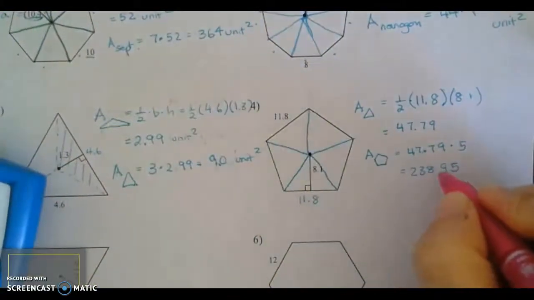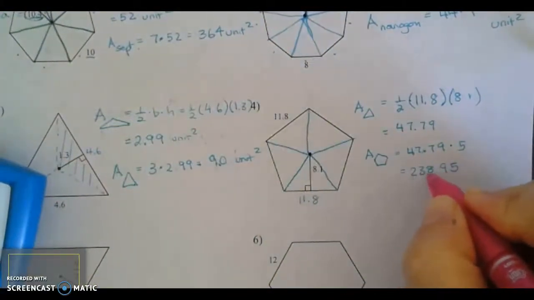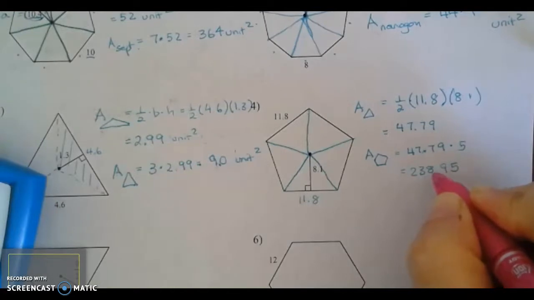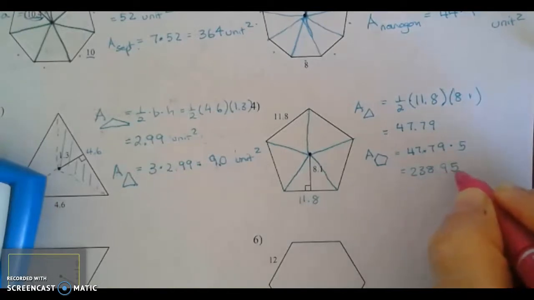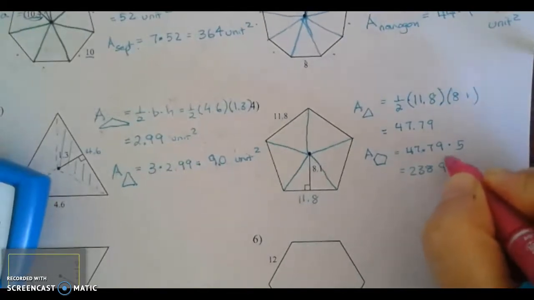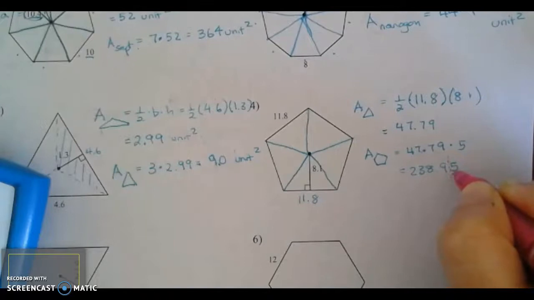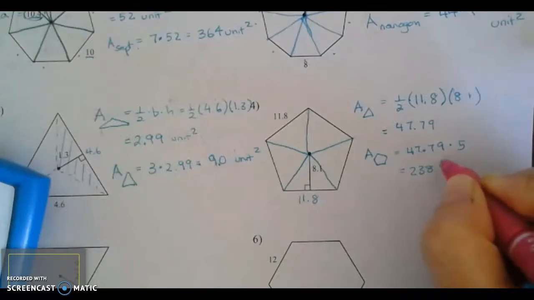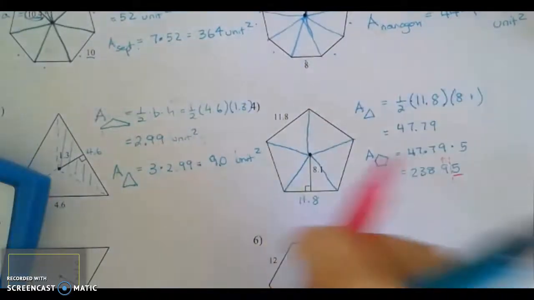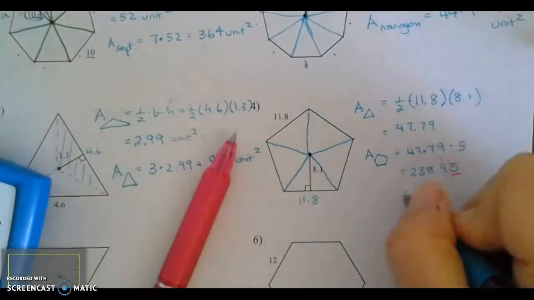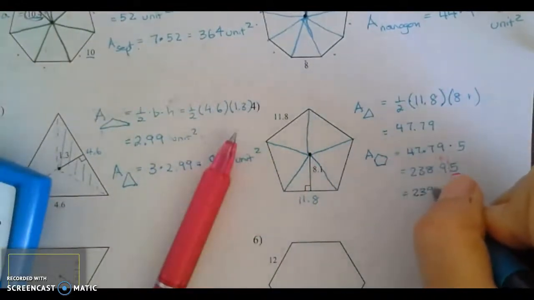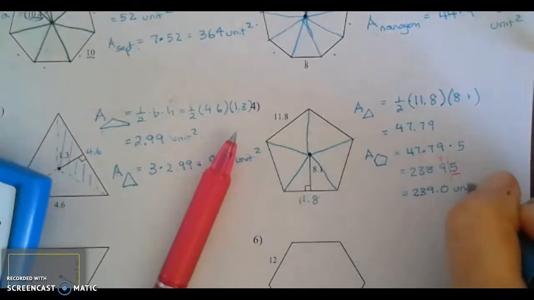That means this is the hundreds, tens, ones, and this is the tenths and hundredths. That means I need to cut it off right here. But before I cut it off, I need to consider the next digit, which is 5. And since this is 5 or greater, I need to round this up by 1, and that rounds to 239.0 units squared.